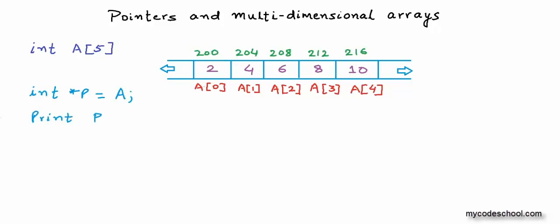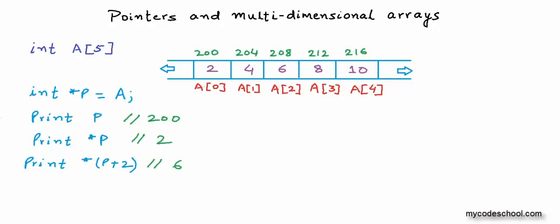If I would just try to print the address stored in p, and I'm not using full printf statement here, my output will be 200. If I would simply try to dereference p, then output will be 2. If I would try to print something like *(p+2), then output will be 6.